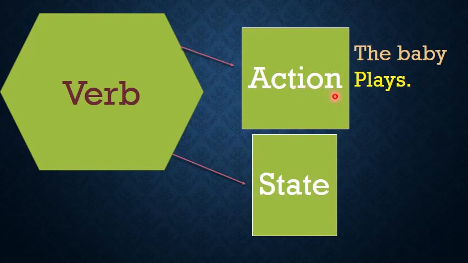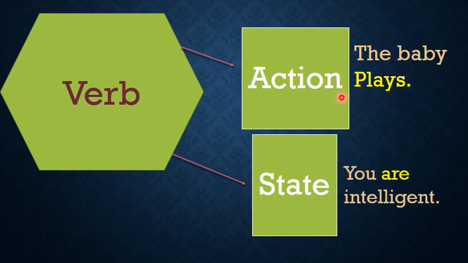What does a verb do? Well, a verb is a word which denotes an action or a state of a subject. State means a situation. For example, in the sentence, baby plays, the verb is plays because that is the action.